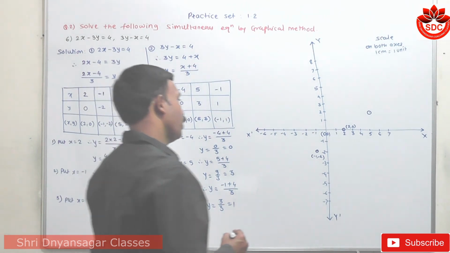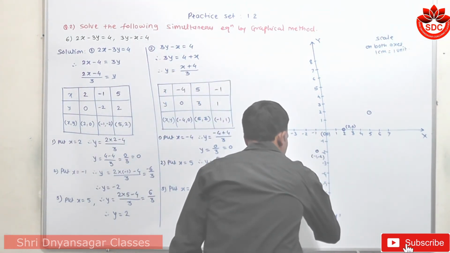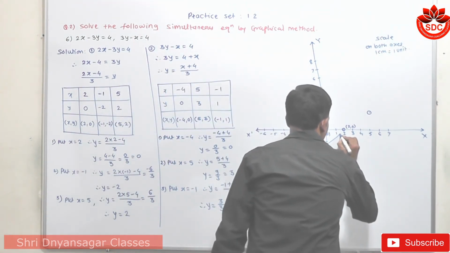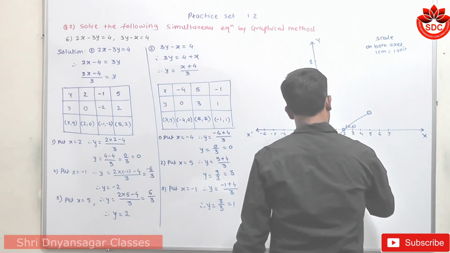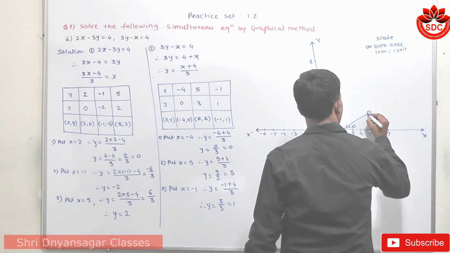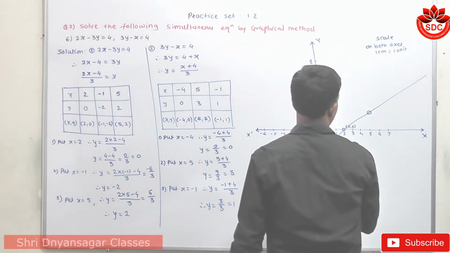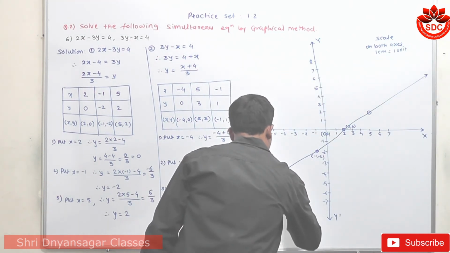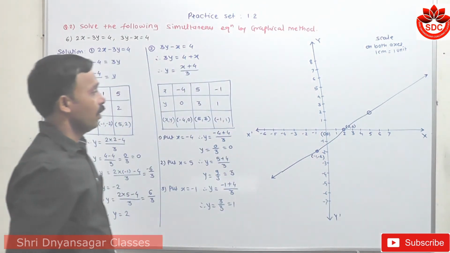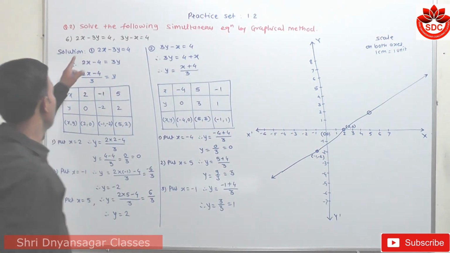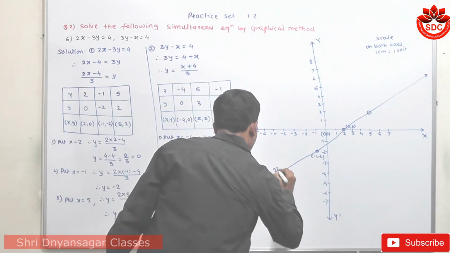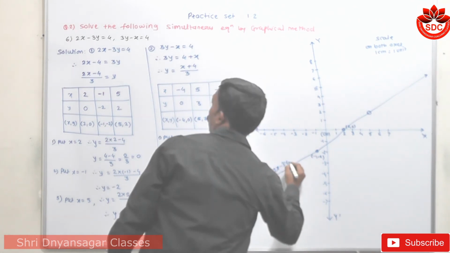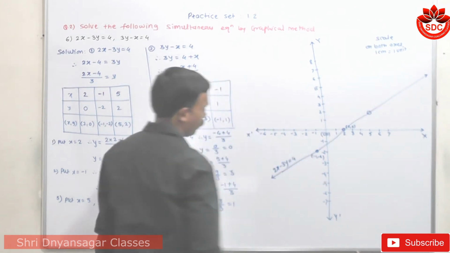Now draw the line by using the scale, a straight line. Now the equation of the line is 2x minus 3y is equal to 4.